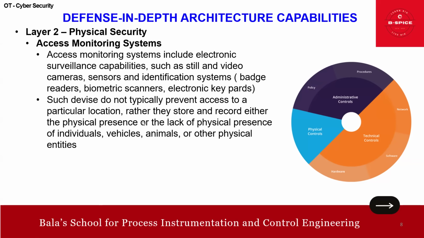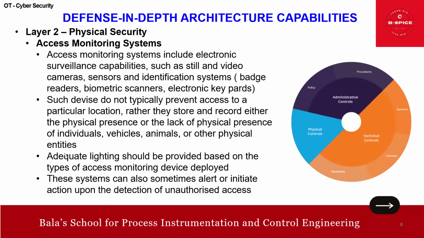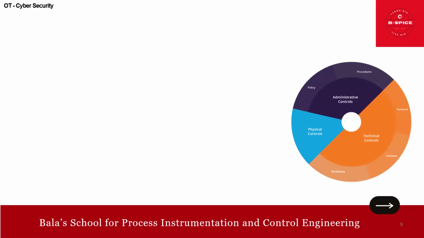Rather, they store and record either the physical presence or the lack of physical presence of individuals, vehicles, animals, or other physical activities. Basically, it does not prevent any access, but they store and record. Adequate lighting should be provided based on the type of access monitoring device deployed. These systems can sometimes also alert or initiate action upon detection of unauthorized access. So this is about the access monitoring system.